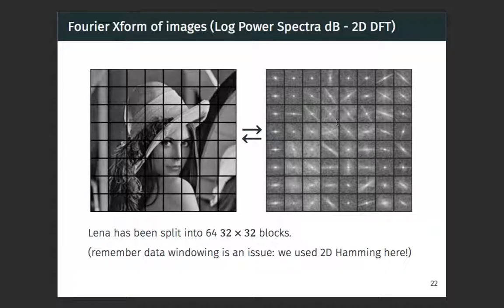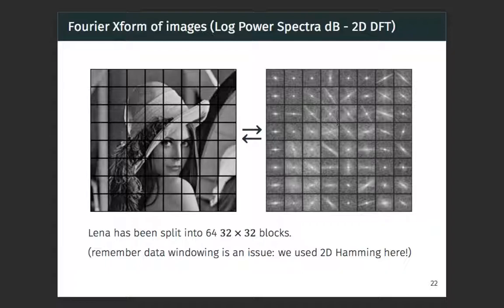Now, the blocks are finite in dimension, and therefore it creates all sorts of artifacts. So you need to use windowing, something we'll see in more detail. You've seen that in 1D as well: when you look at chunks of data, you need to make it more periodic, and one way of doing that is windowing. But anyway, this is a detail.